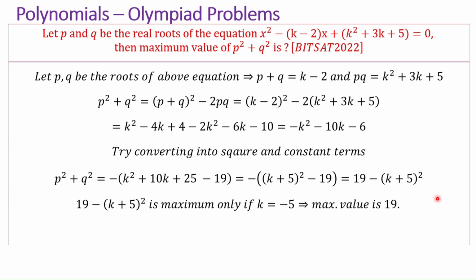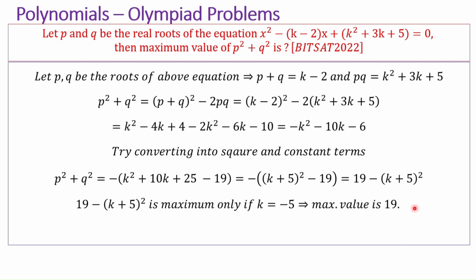And what is the maximum value of p square plus q square? Now again we need to apply the same thing. K plus 5 whole square is always positive. It cannot go negative for whatever value of k, correct? So the maximum value you can have is basically 19 minus something. Something less than 19 is the maximum value, right? So 19 is the maximum value.